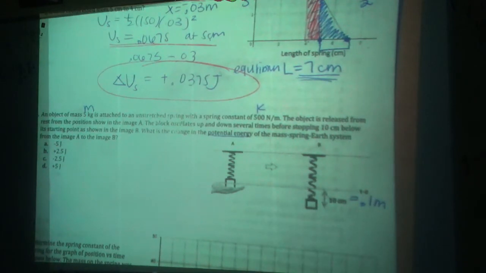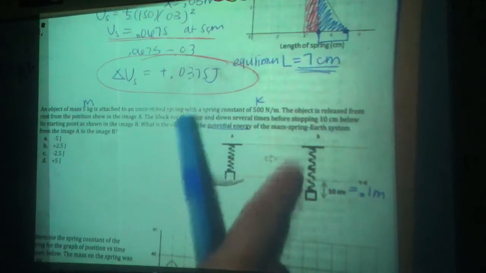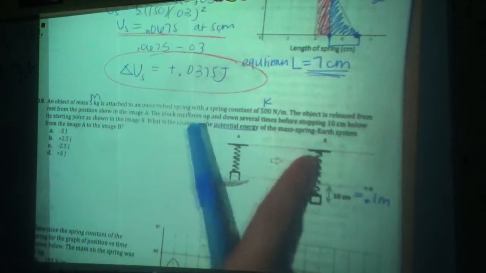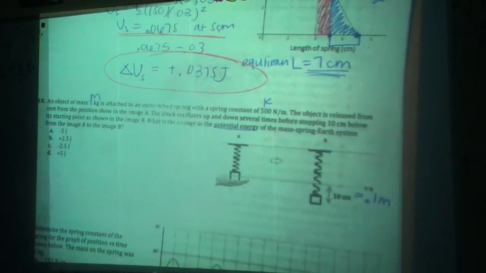If you think about it, as this falls down, it's losing gravitational energy, but as you stretch the spring, you're storing spring potential energy in here. So we want to find the difference in all of the potential energy, so let's find the difference of each of these.